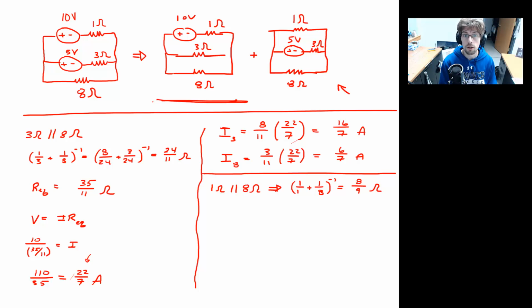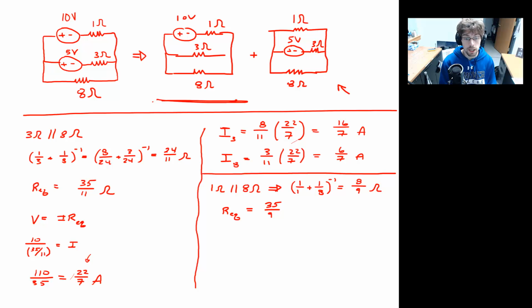Well, if it's 8 over 9 ohms for the parallel branches, the total resistance includes that 3 ohm resistor in there. So we need another 27/9 added to this. So we get 35 over 9. Right, 27 plus 8.